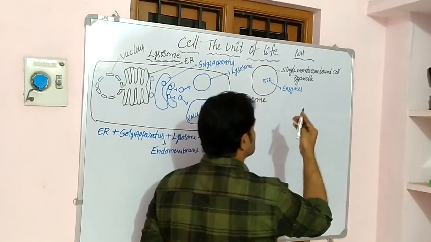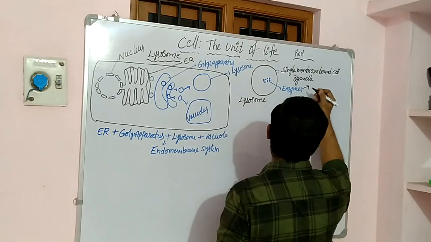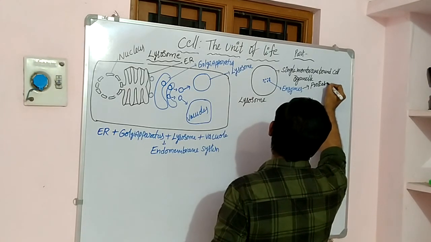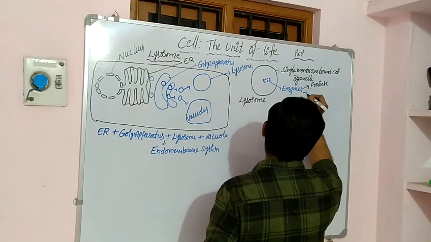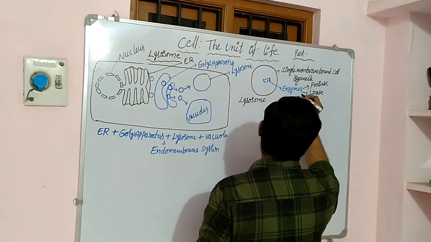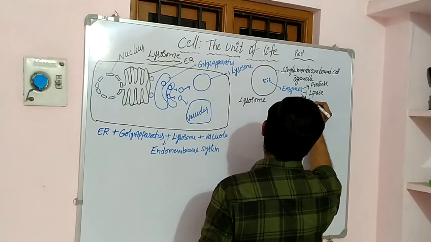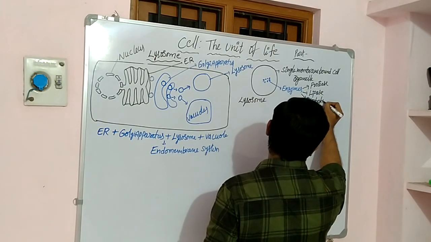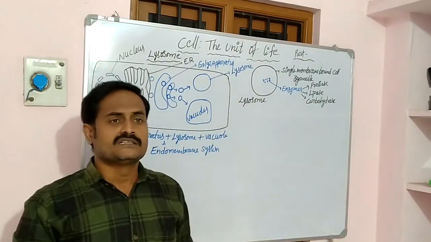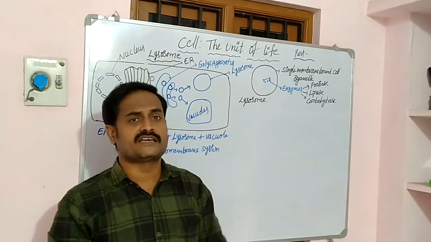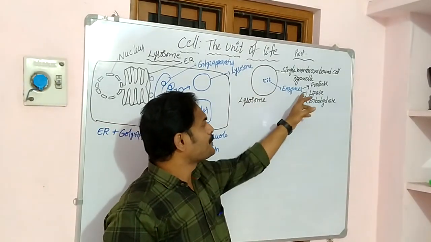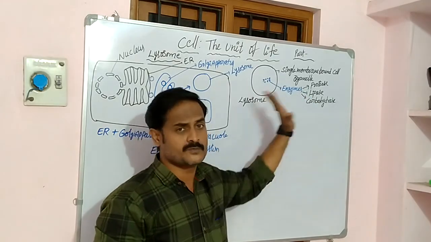Mainly protease, next lipase, and next one is carbohydrases. Okay, inside the lysosome, it consists of some important enzymes. What are they? Protease, lipase, carbohydrases.